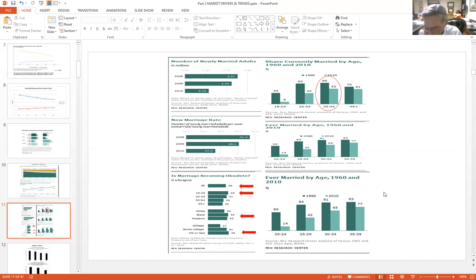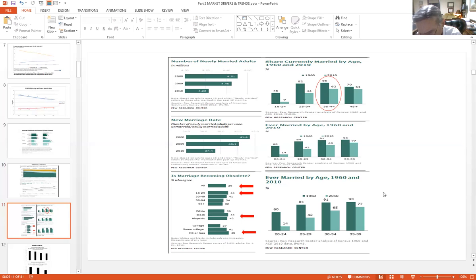And we can see that the folks who ever were married, whether they got divorced or not, back in 1960, 93%, but by 2010, 77%, about 3/4, and that was at the middle age group, whereas in earlier ages, for instance, 25 to 29, there were really major differences.